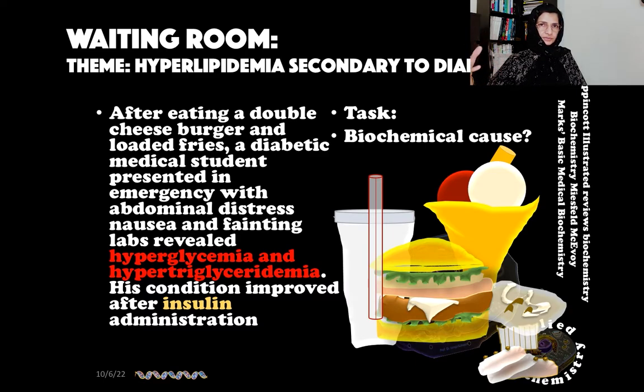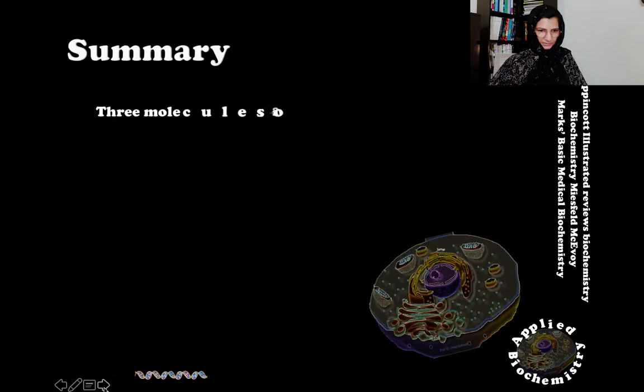Now, insulin induces the expression of lipoprotein lipase, and this is the enzyme that extracts lipids from the chylomicrons into the adipose tissue. So when the expression is decreased, there is going to be hypertriglyceridemia and obviously hyperglycemia because of the insulin lack, and that is why after administration of insulin his condition has improved. So this is the most common type of hyperlipidemia, type 5, and it is secondary to diabetes.